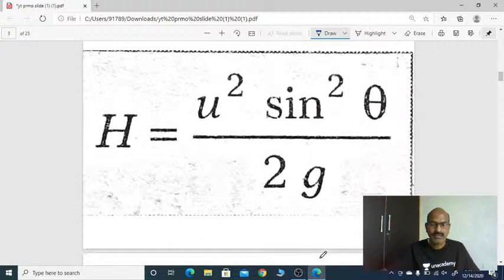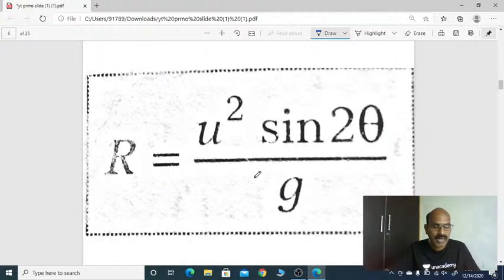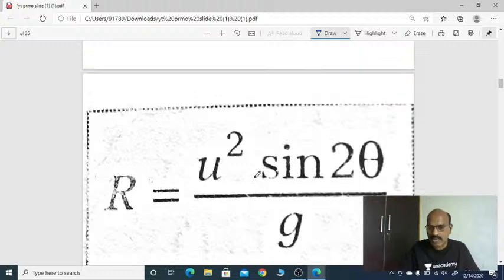Maximum height reached by the projectile is H equal to u square sin square theta by 2g. The horizontal range of the projectile is u square sin 2 theta by g.